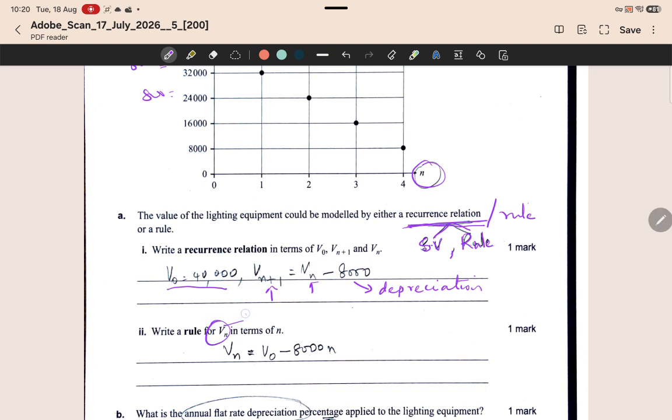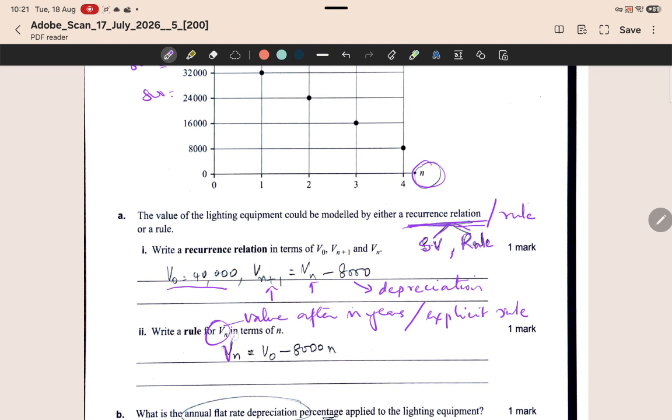Write a rule for the value after n years. So this is the value after n years. And this is different from the recurrence rule, which is a yearly rule, whereas Vn, which is also called the explicit rule, is the value after n years directly when you want to calculate a value.